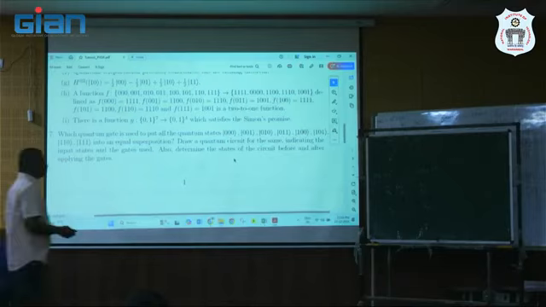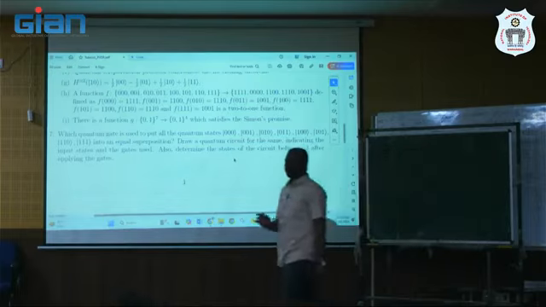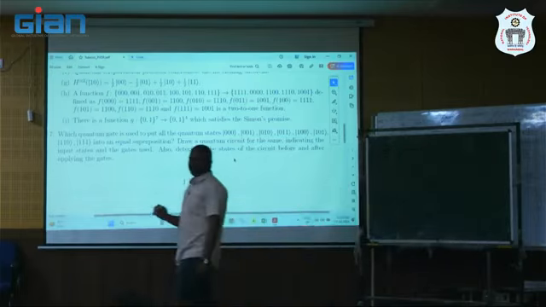It should be at least half of the cardinality of A. Then only that promise holds. 2 power 7 by 2 means 2 power 6, so 2 power 4 is not at least half. It is not possible. Not even one function among all these functions satisfies Simon's promise.